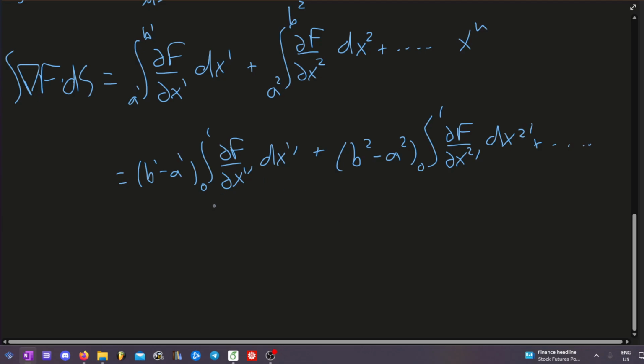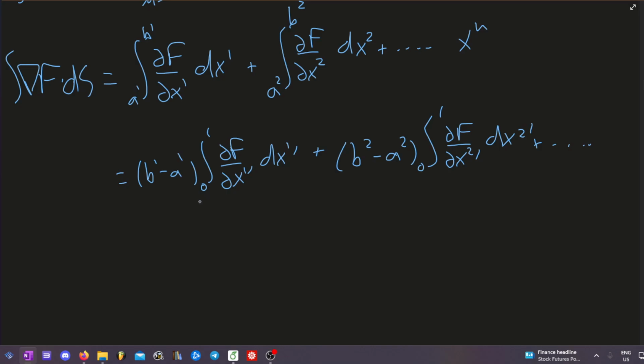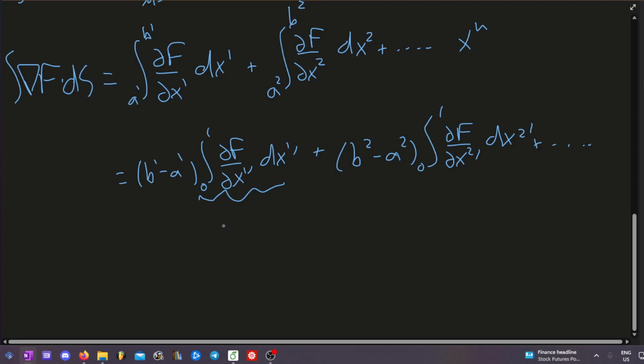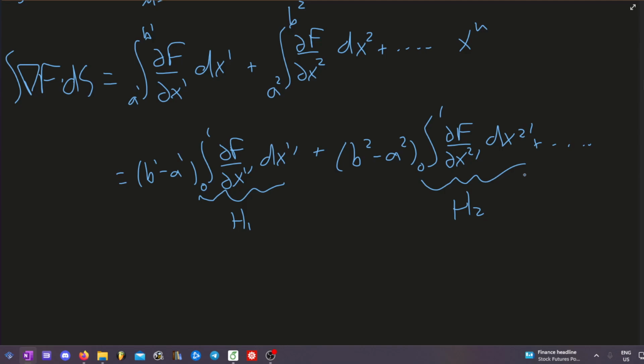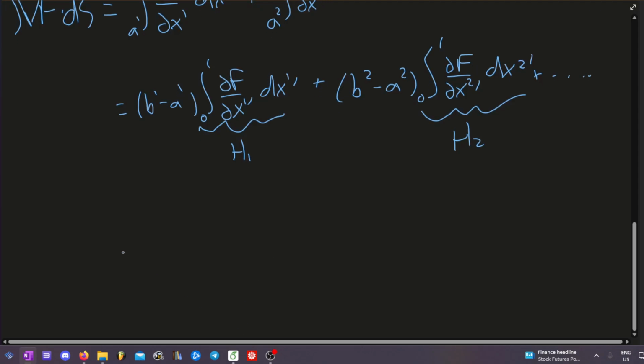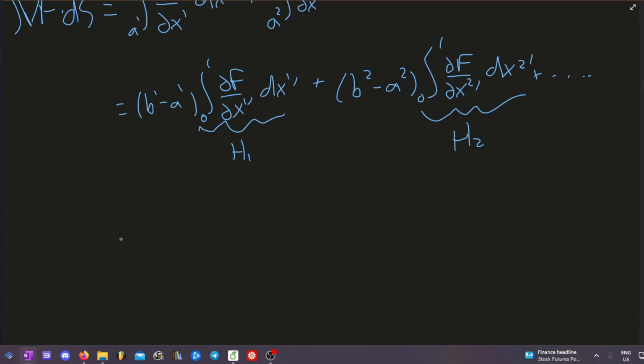And what you'll notice is that these are simply, again, those h1, because it's in terms of the variable x1, and then we could call this one similarly h2, because it's really the same thing but in terms of the variable x2 prime, I should say, etc. And then it just goes up and up. So we can rewrite this now as a sum, but let's again replace b with x so that we are in a notation more similar to what the book uses.